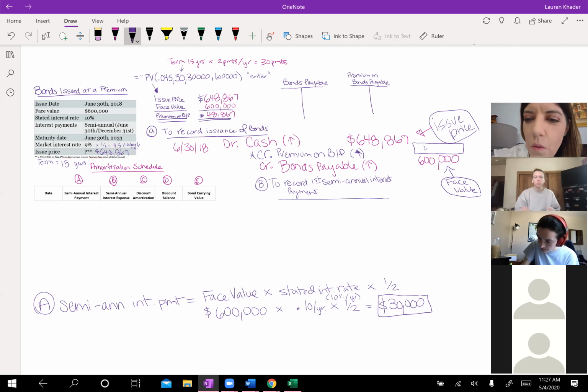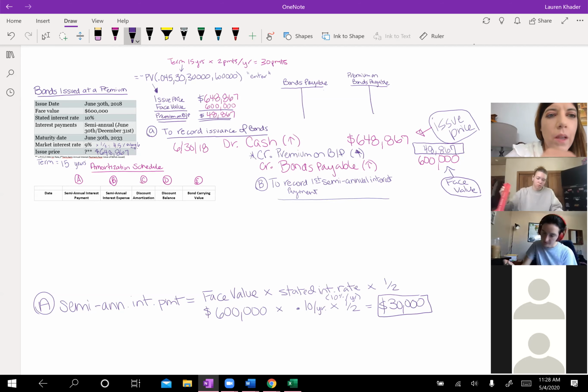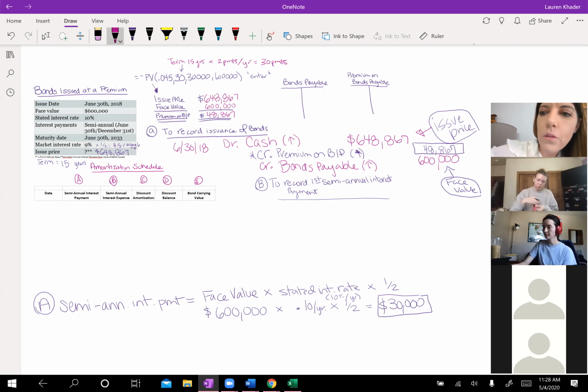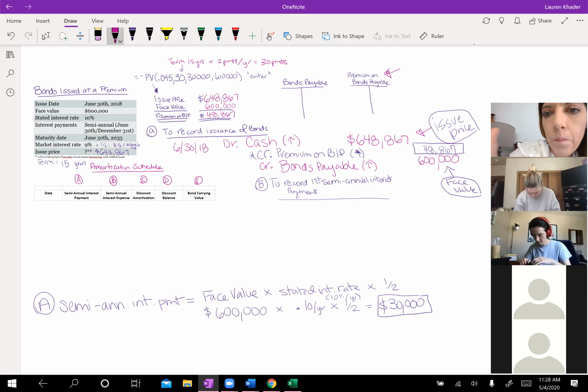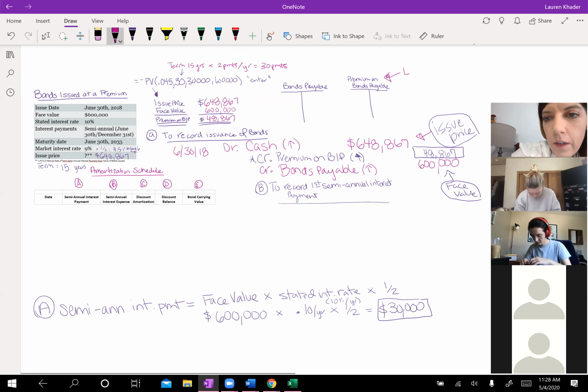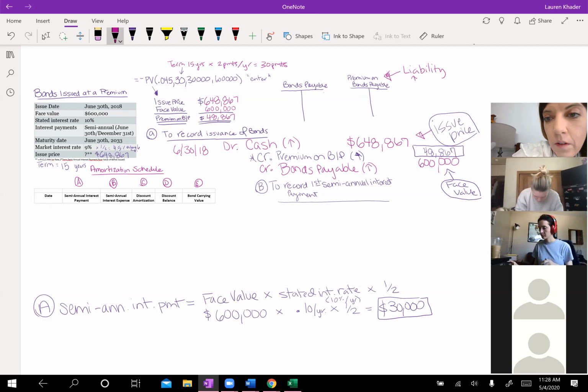So we received more cash than we're going to have to pay back, right? So premium on bonds payable is a liability account. And we have it when we issue bonds above face value or par value. So it's a liability account. It increases with a credit.